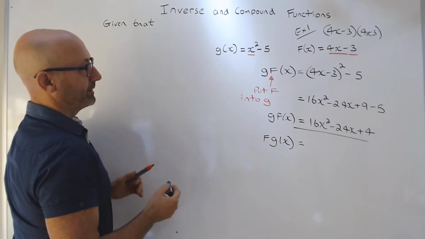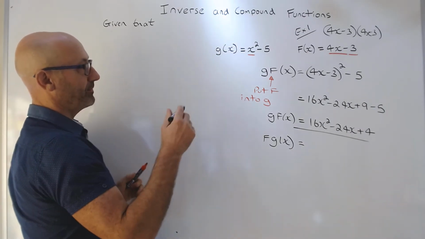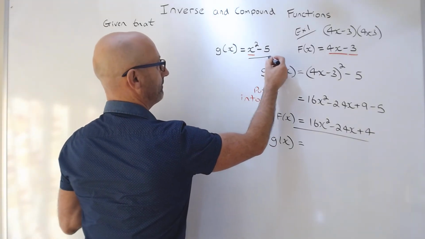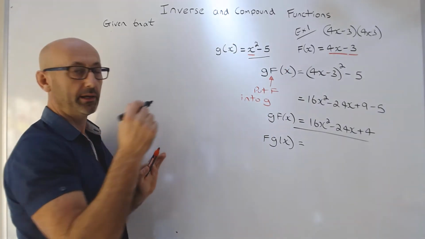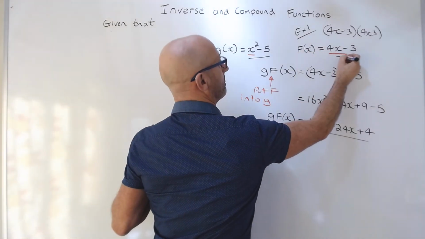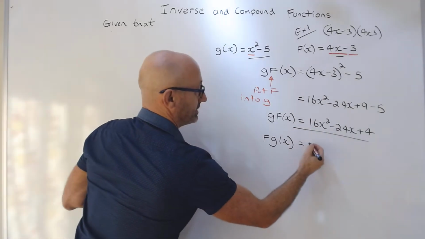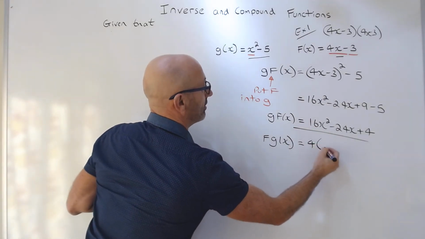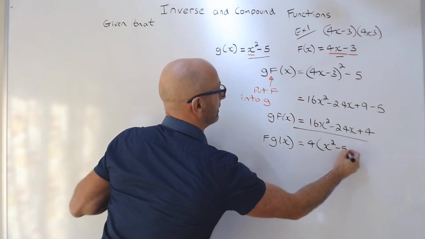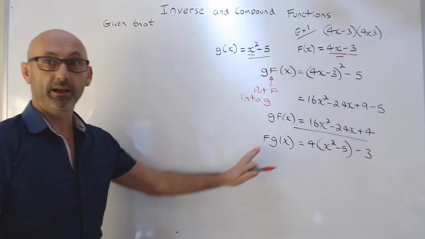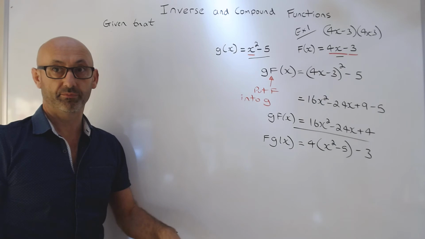Okay, so that means that you're going to replace that into that there, which is going to mean you get 4 times x squared take 5 take away 3, and then you would simplify it. Okay.